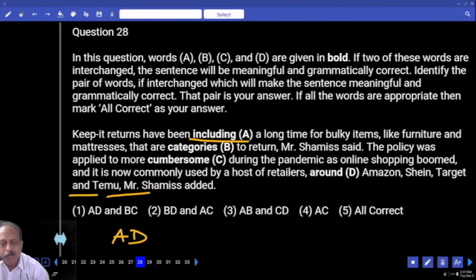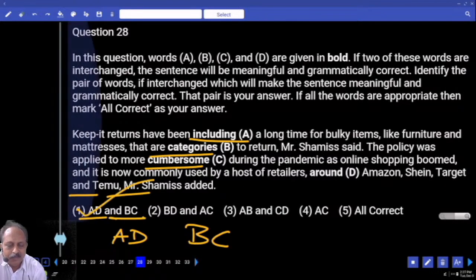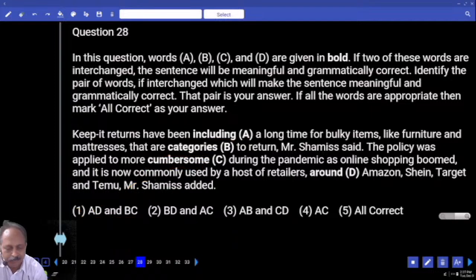Here based on that we cannot say categories. We have to say that are cumbersome to return. Someone said the policy was applied to more what? Are you guys listening? More what? Categories. That means which two you can change? B, C also. Which option says that? Have you chosen the first option?